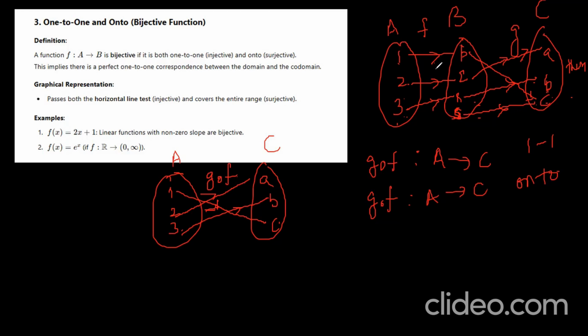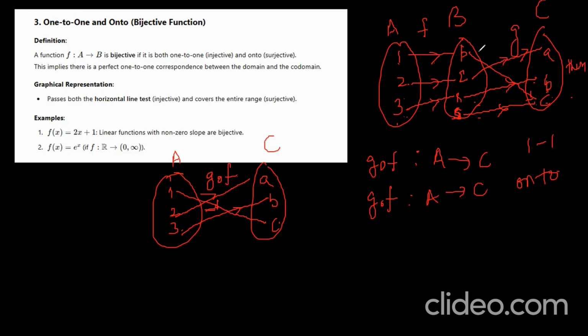Very good. Now this is B into C. From this example we can say: if you take two functions F maps A into B and G maps B into C, and G circle F maps A into C is 1 to 1, then F maps A into B is 1 to 1, while the other, B into C, need not be. And G circle F, A into C, is onto.